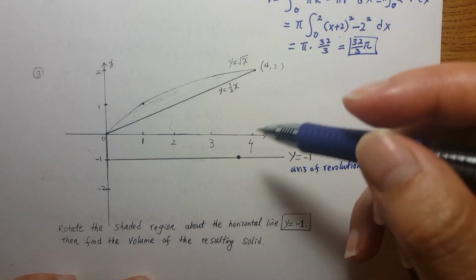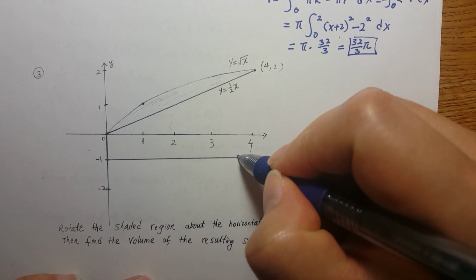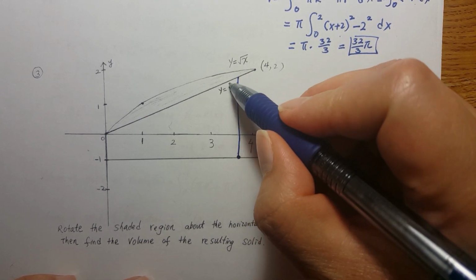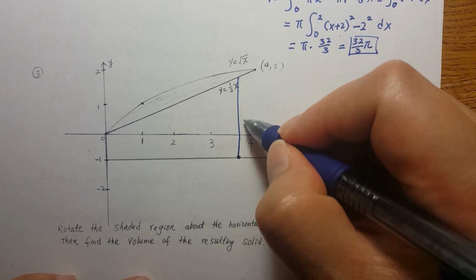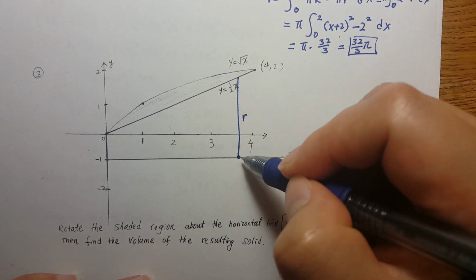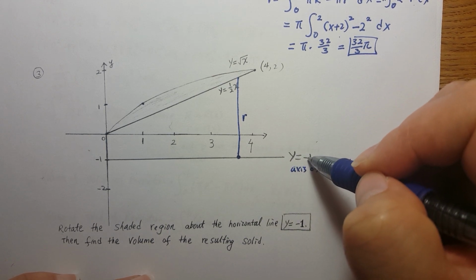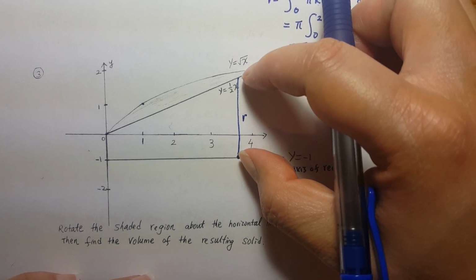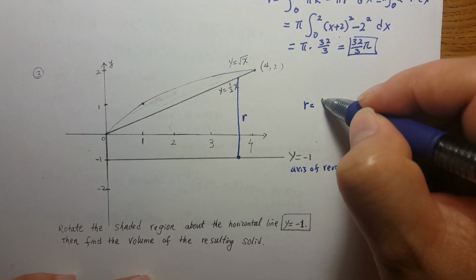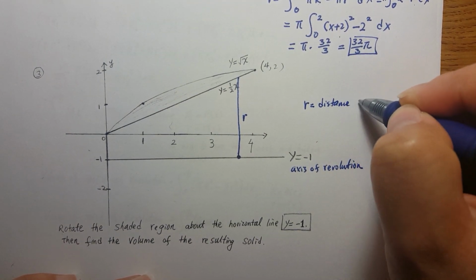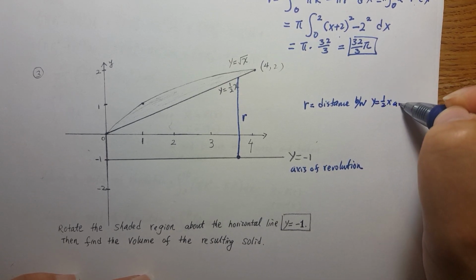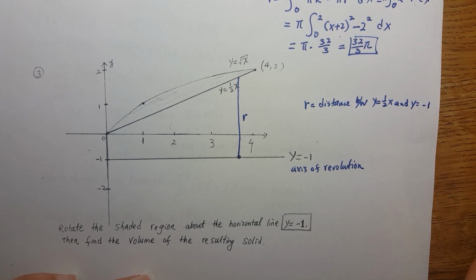I'm going to draw from up. The first line I hit is y equal to half of x. So this is going to be the small radius, the inner function, bounded by y equal to -1. We say that the small radius is the distance between y equal to 1/2 x and y equal to -1.